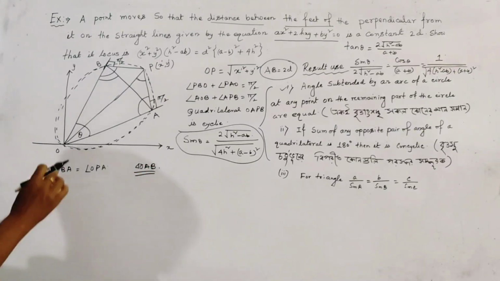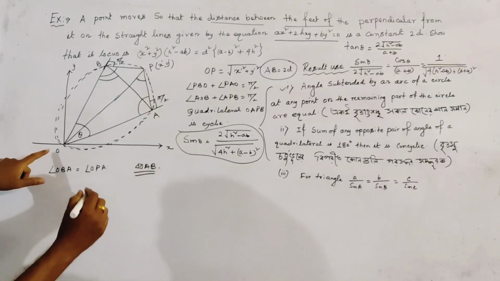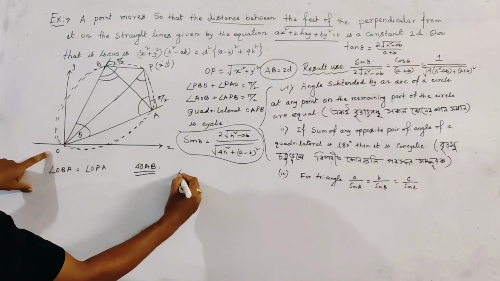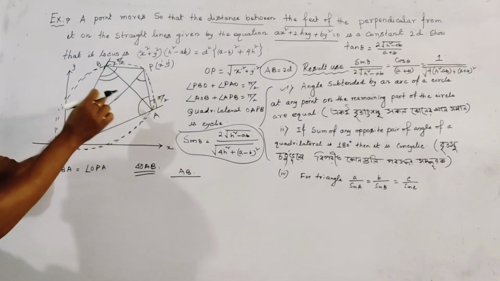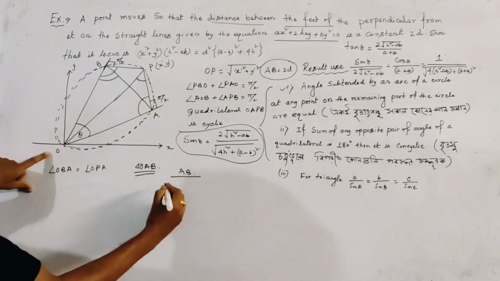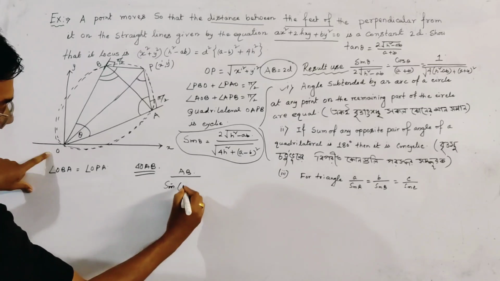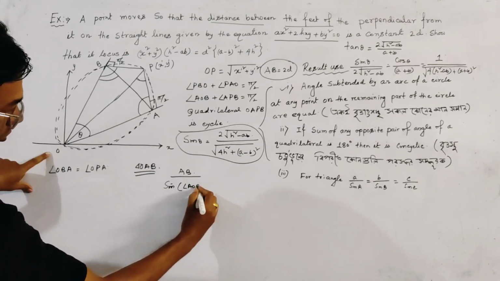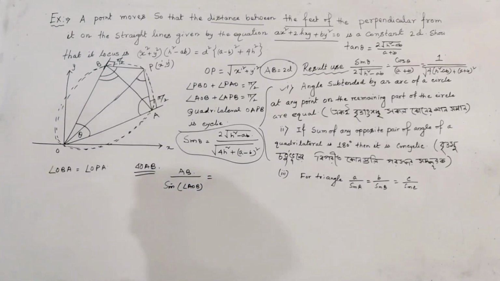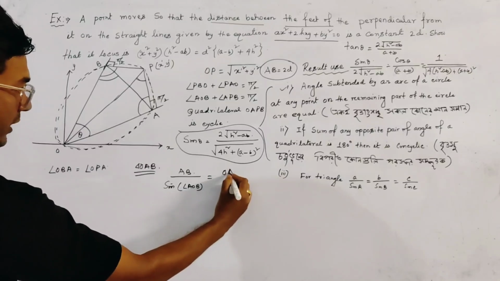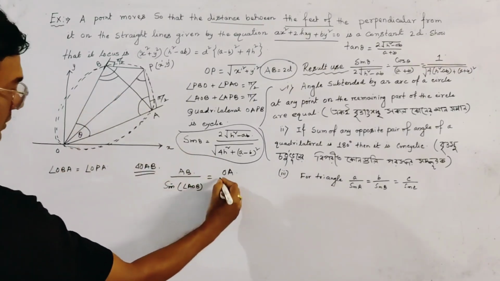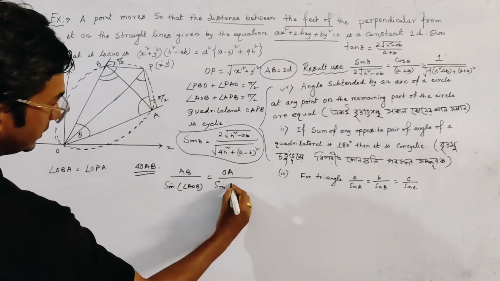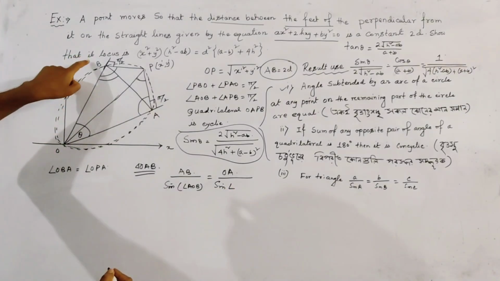For triangle OAB, we know that AB is the side, and the opposite angle is AOB, that is sine of angle AOB, and this is given by OA, another side, and the angle is sine angle OBA.